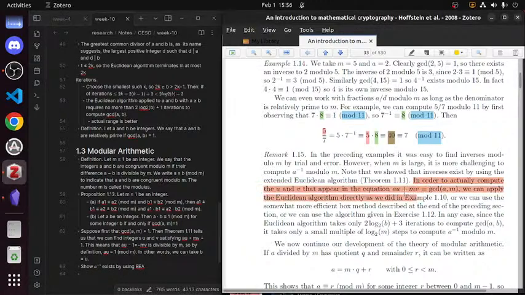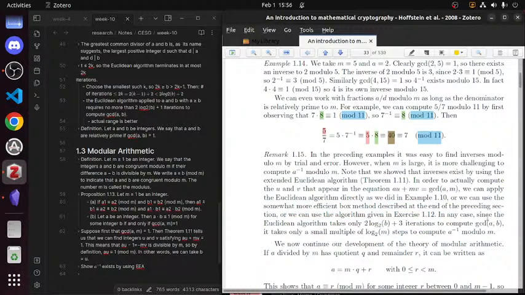In order to actually compute the u and v that appear in the equation AU plus MV equals the GCD of A and M, we could apply the Euclidean algorithm directly, as we did in example 1.10, or we can use a somewhat more efficient box method as described at the end of the preceding section, which in my opinion was pretty interesting as well, or we can use the algorithm given in exercise 1.12.